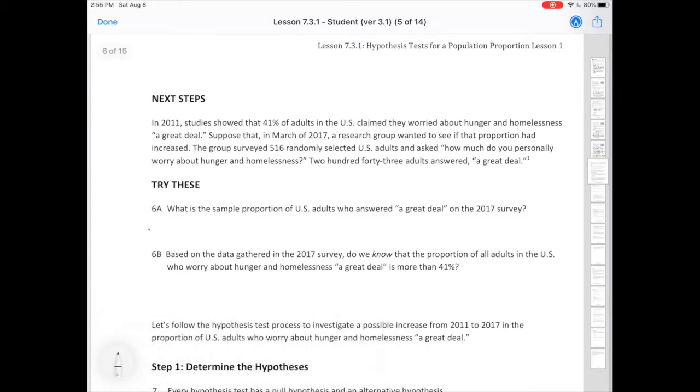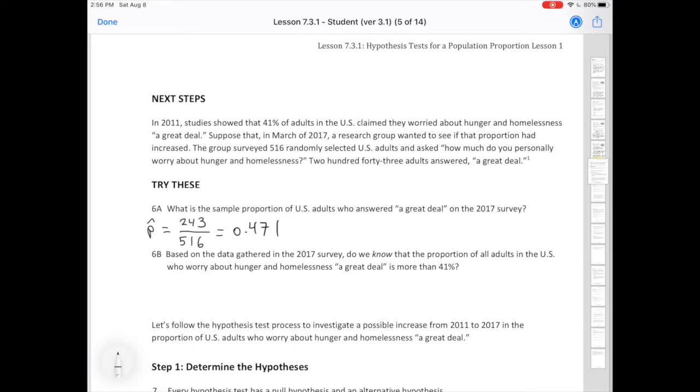Well, so P hat, it says that out of 516 adults, 243 said a great deal. So it's 243 out of 516. If I do this in my calculator, 243 divided by 516, rounded to 3 decimal places, I get 0.471.